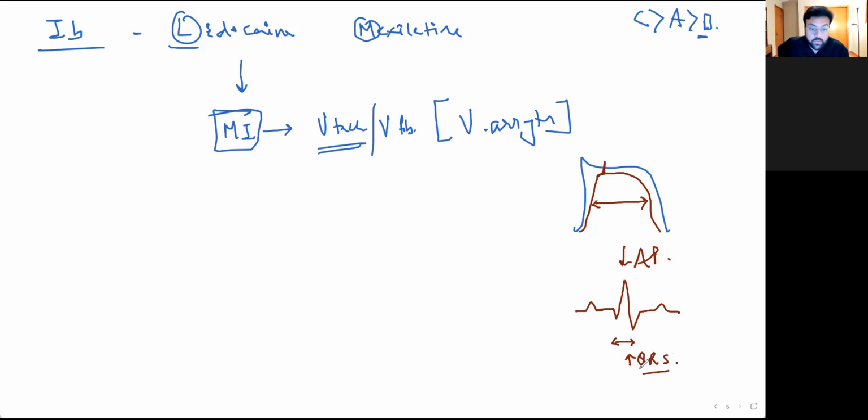Oh yeah, QT does not change. QRS theoretically will increase, but most of the time it remains normal. QRS may remain normal, but for our purposes, because it's a sodium channel blocker, we'll keep that the QRS should increase. QT interval will remain the same. QT should be normal.